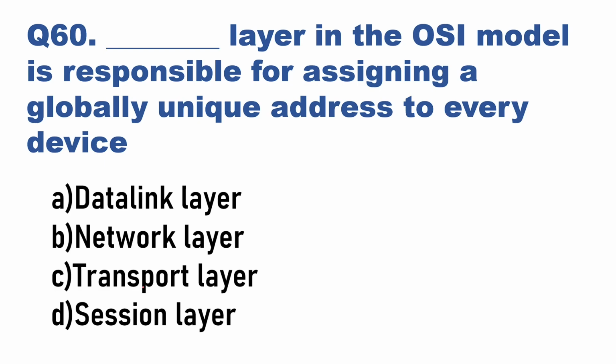Then we have the data link layer, and the third is the network layer. The network layer is the one where we assign a unique address to every device. So in this case, the network layer in the OSI model is responsible for assigning a globally unique address to every device. So option B will be the right answer, that is network layer.